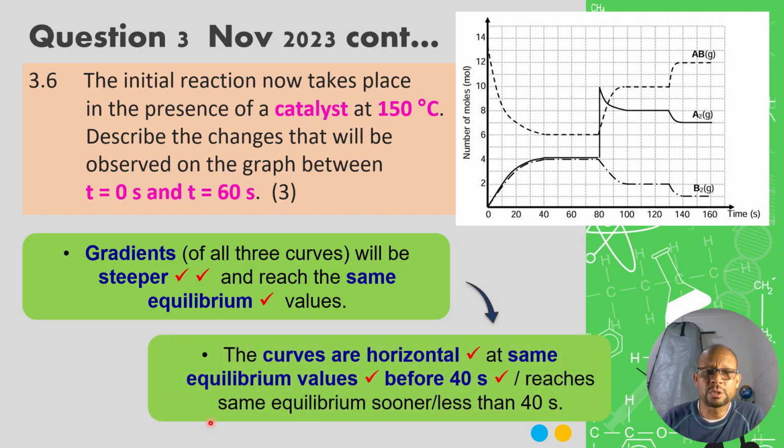And you can also say the curves are more horizontal at the same equilibrium value before 40 seconds, reaches the same equilibrium sooner, or you can say it will reach the same equilibrium in less time. It's a lot easier to imagine and focus that this part will be steeper or more parallel to the y-axis. Okay, that's the answer for 3.6.